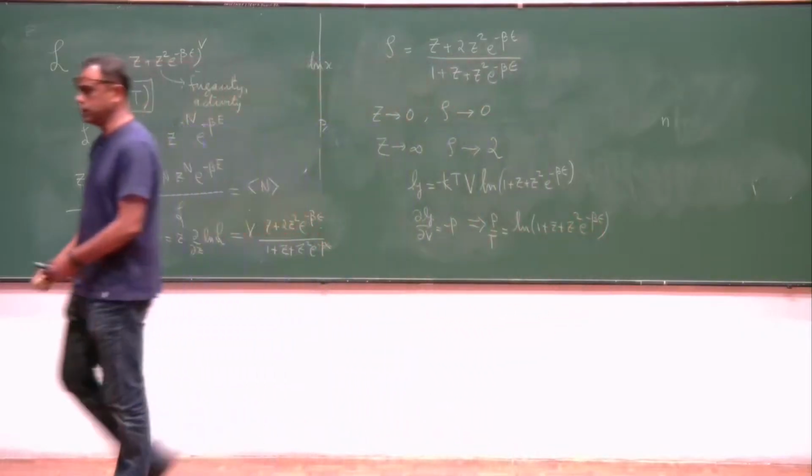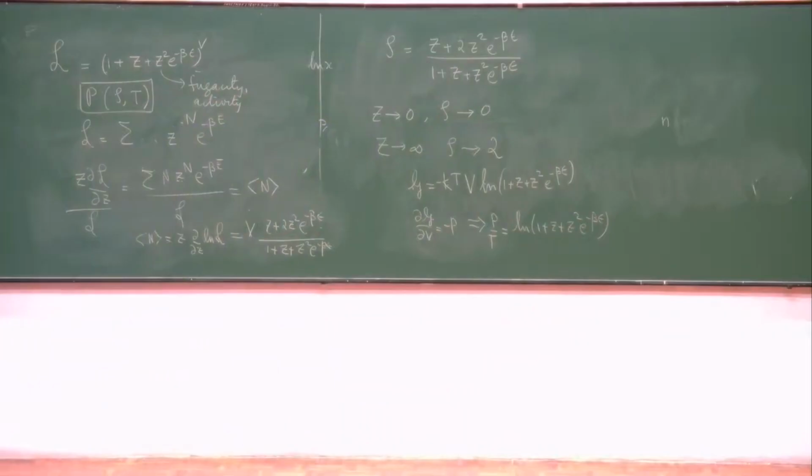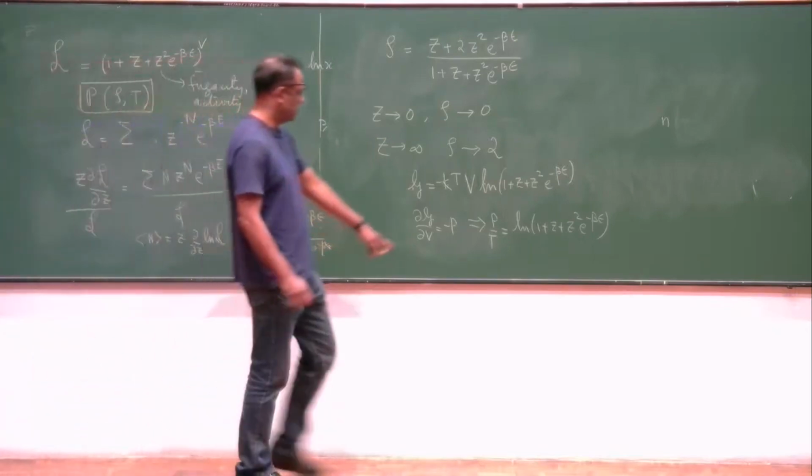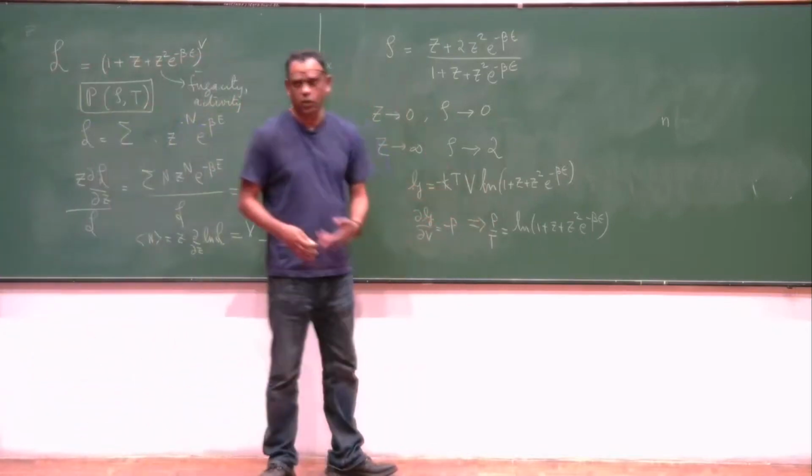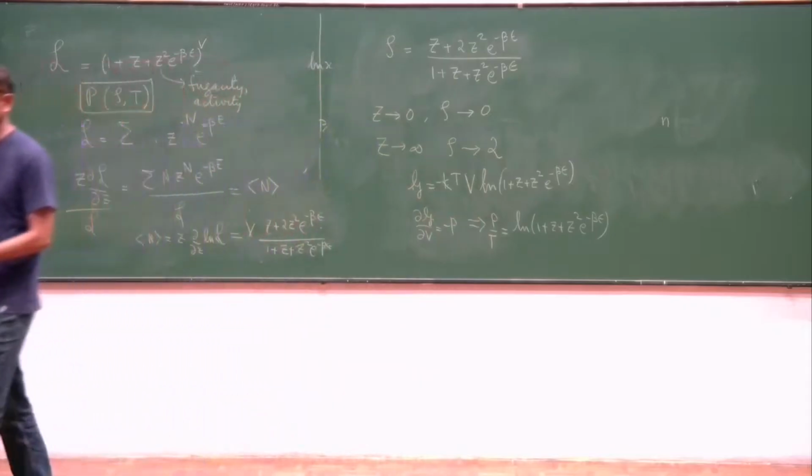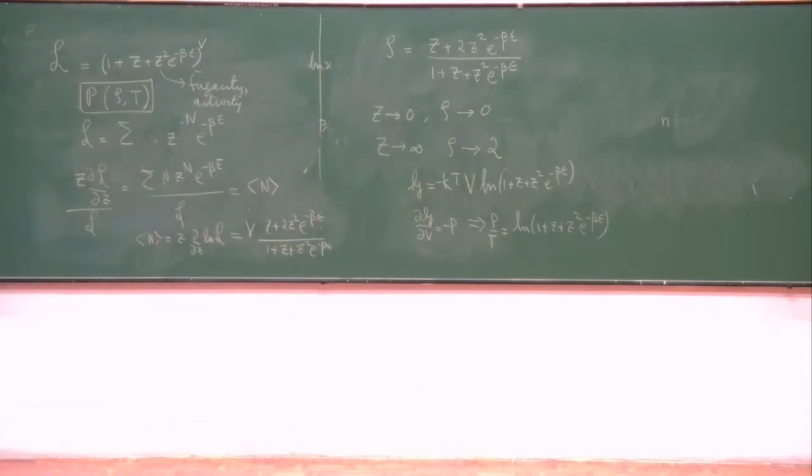We have found out pressure as a function of z, rho as a function of z, and what I want to plot is pressure as a function of rho. Do I get back my calculation I did in my microcanonical ensemble? Is this okay?